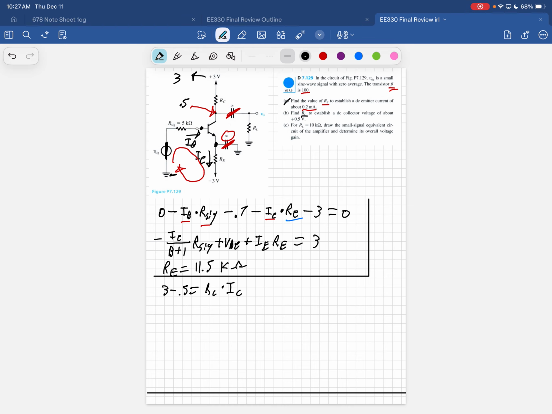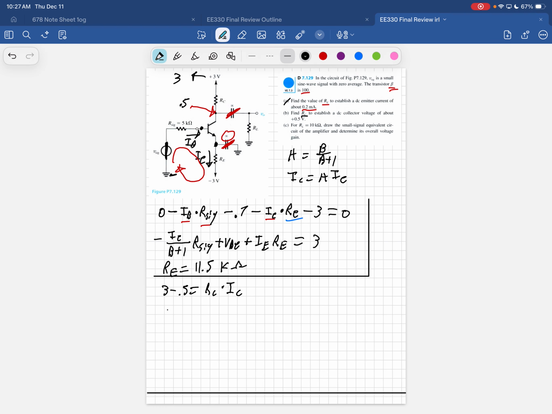Yeah, 3 minus 0.5 equals RC times IC, and we're looking for RC. So coming over to my note sheet, it's alpha times... I don't think we have alpha yet. So let me define alpha. Alpha equals beta over beta plus 1. And then we know that IC equals alpha times IE. And we know IE, which is 0.2 milliamps.